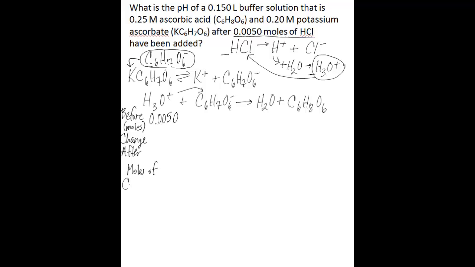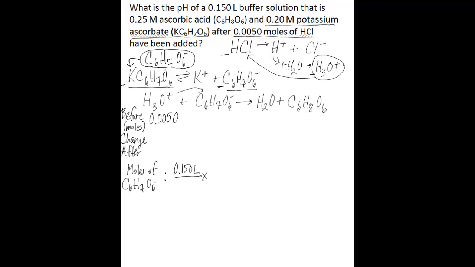For moles of ascorbate anion, we need to do a calculation to find the moles. So we're given that the volume of this solution is 0.150 liters, and we're also told the molarity of potassium ascorbate, which is 0.20 molar. The molar ratio between potassium ascorbate and the ascorbate anion in the balanced equation describing the dissociation of potassium ascorbate is 1:1.